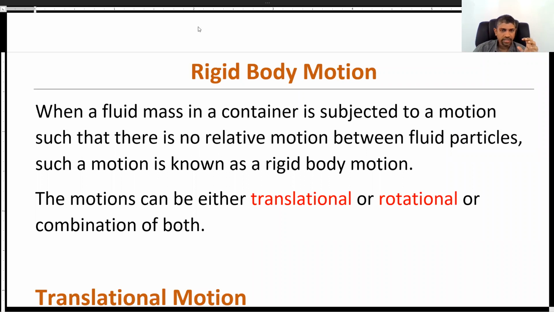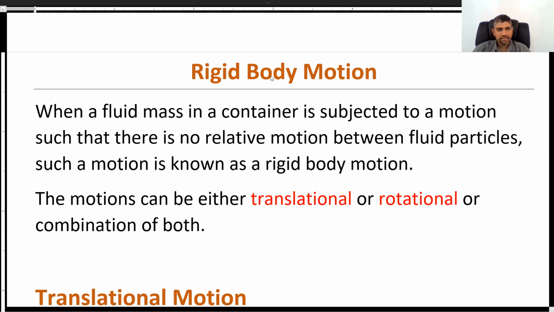Normally, when we study motion in dynamics, we consider two types of motions, the translational motion and rotational motion. Moving in a straight line or a rectilinear motion is translational motion. And the rotational motion, right?